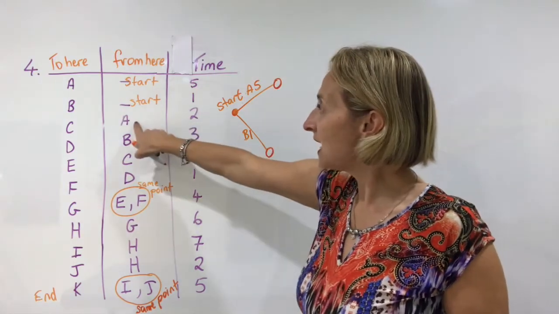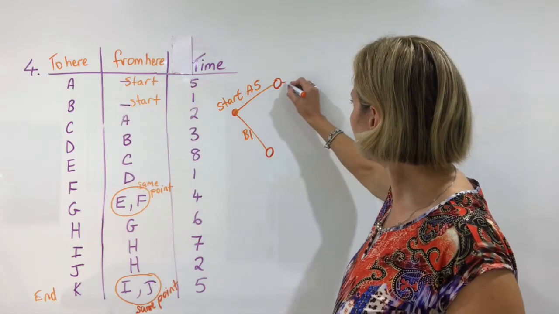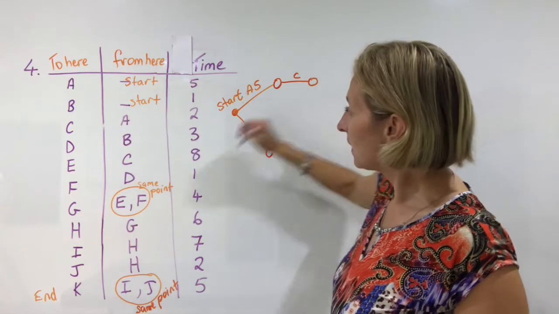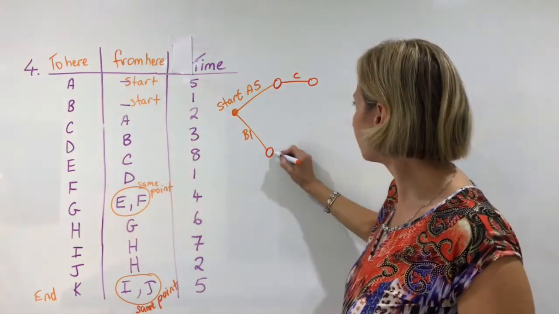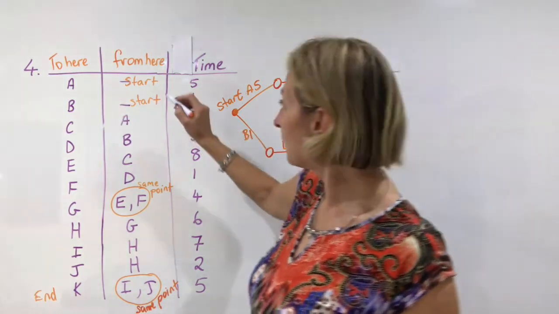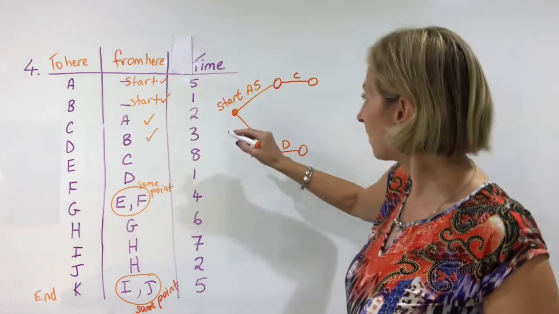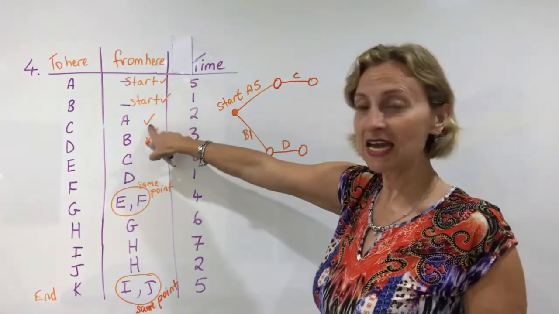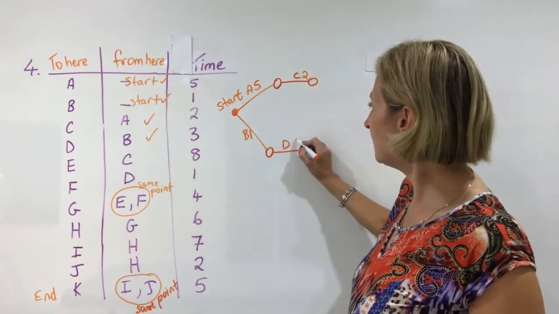From activity A, we go to C. And from activity B, we go to D. And I forgot to tick them off, and that's always a little bit dangerous, and I haven't done my times. So to get from activity A to C, that's 2, and from B to D, that's 3.